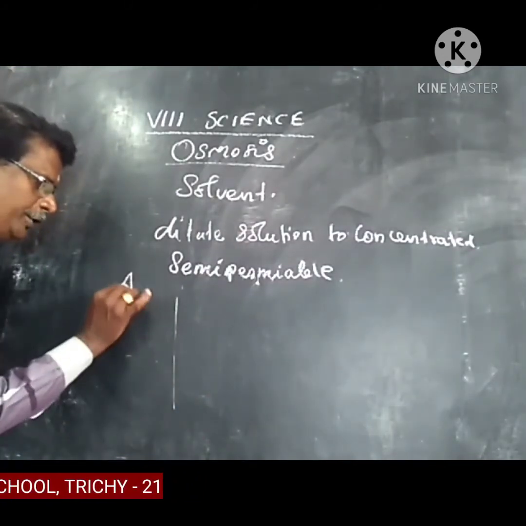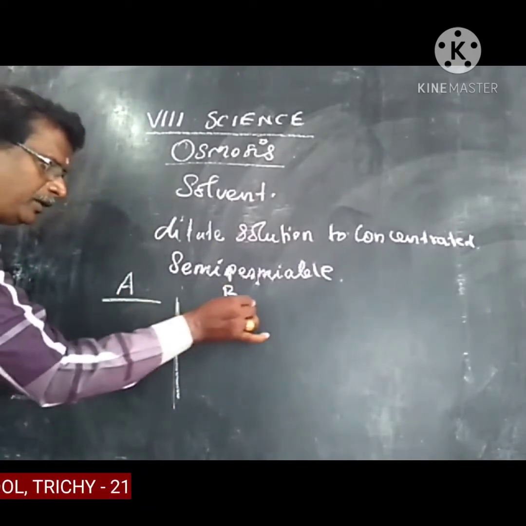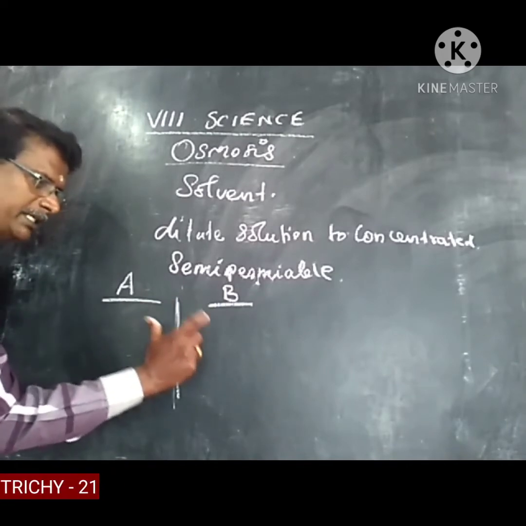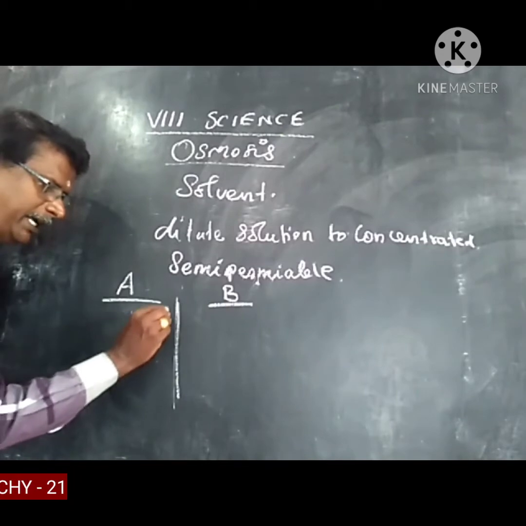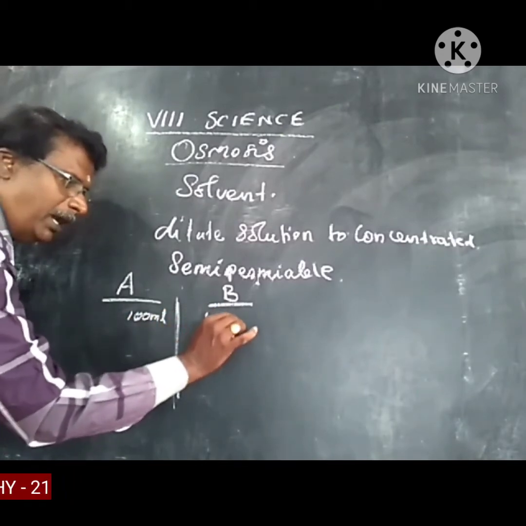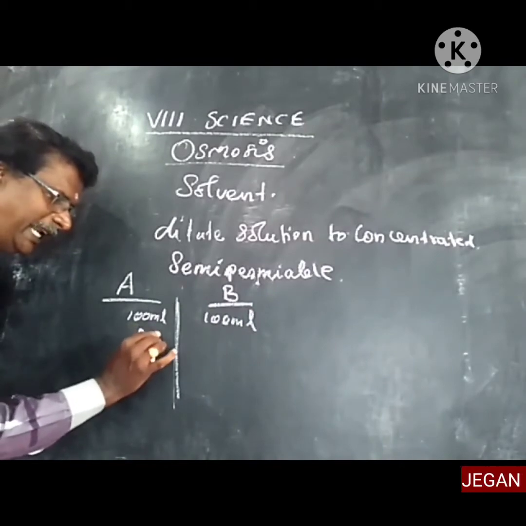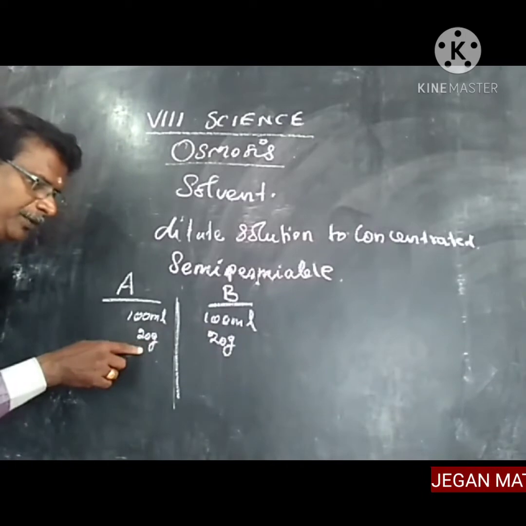Here we have solution A and here solution B. Both the solutions have the same concentration. Suppose both have 100 ml of water, and here 20 gram of salt, and here also 20 gram of salt.